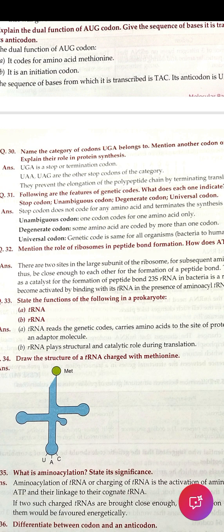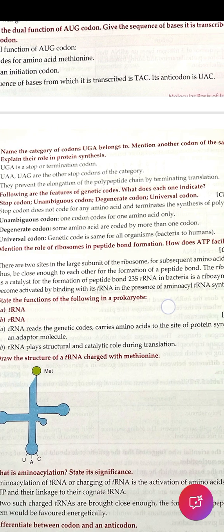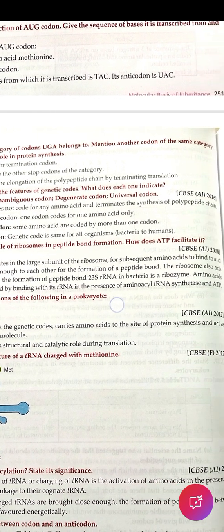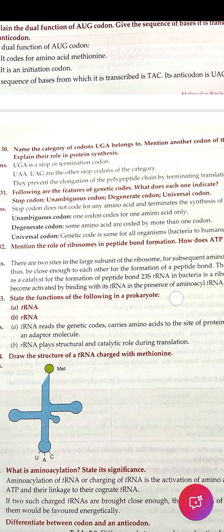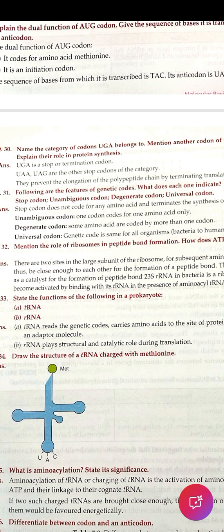A stop codon does not code for any amino acid and terminates the synthesis of the polypeptide chain. Unambiguous codon: one codon codes for one amino acid only. So when one codon codes for only one amino acid, that is known as an unambiguous codon.